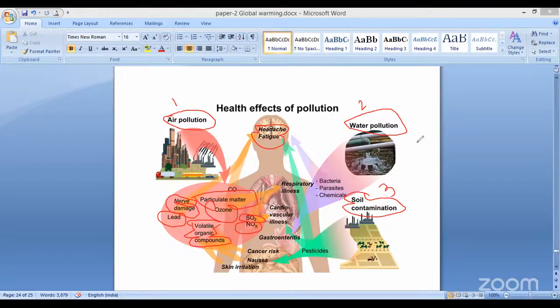Then coming to water pollution, how can water pollution affect us? Due to water pollution, heavy metals, chemicals, bacteria, parasites and chemicals enter into the body.